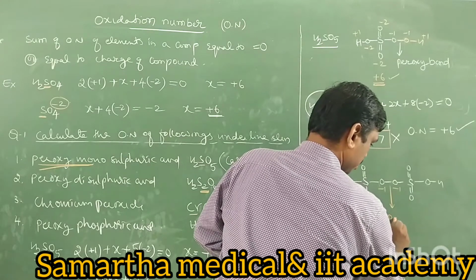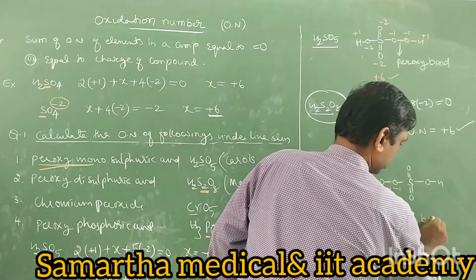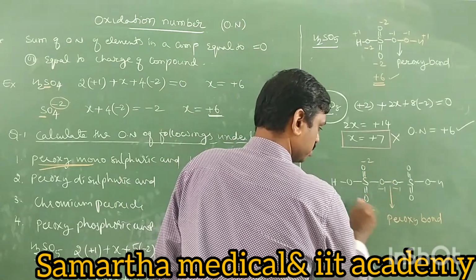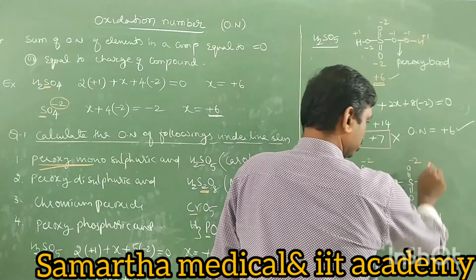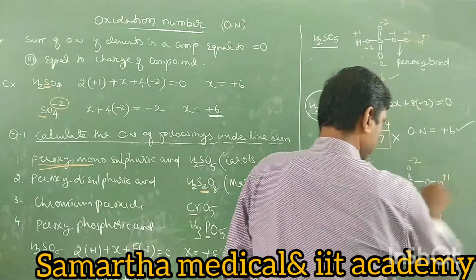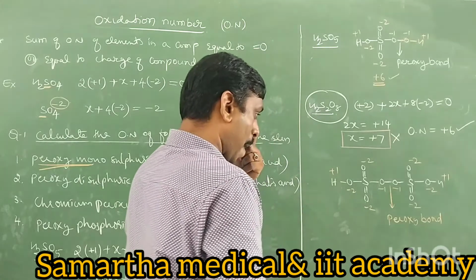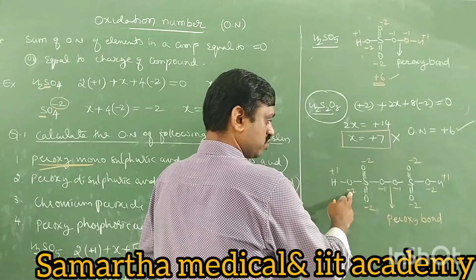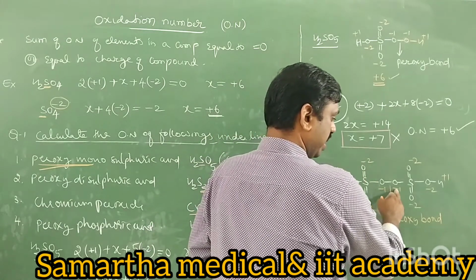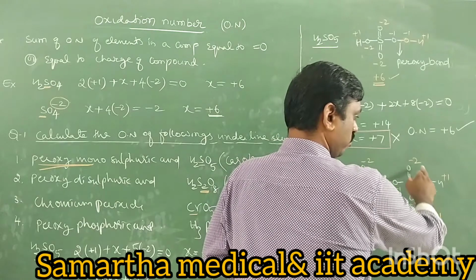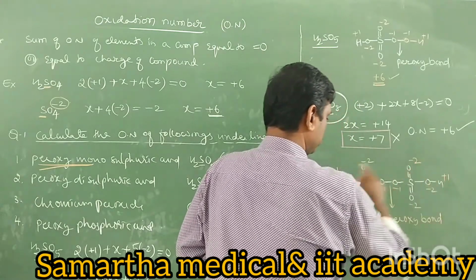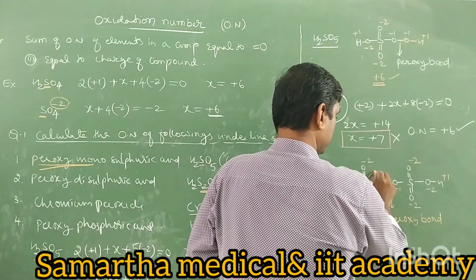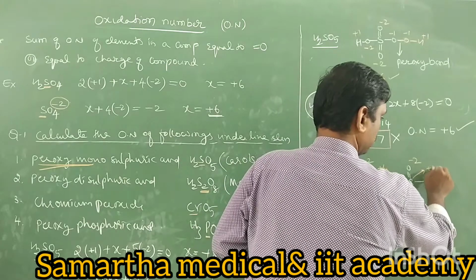This is a peroxy bond or peroxy linkage. -1, -1. The others are -2 each, and the hydrogens are plus 1, plus 1. So the negatives total -2, -4, -6, -8, -10, -12, -14, and with plus 2 from hydrogen, that leaves 12 for the two sulfurs, so plus 6 each. This is a plus 6, this is a plus 6.